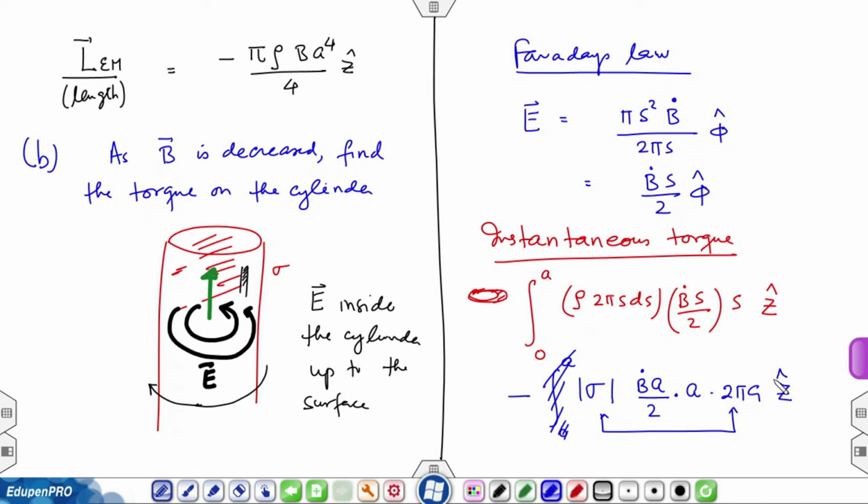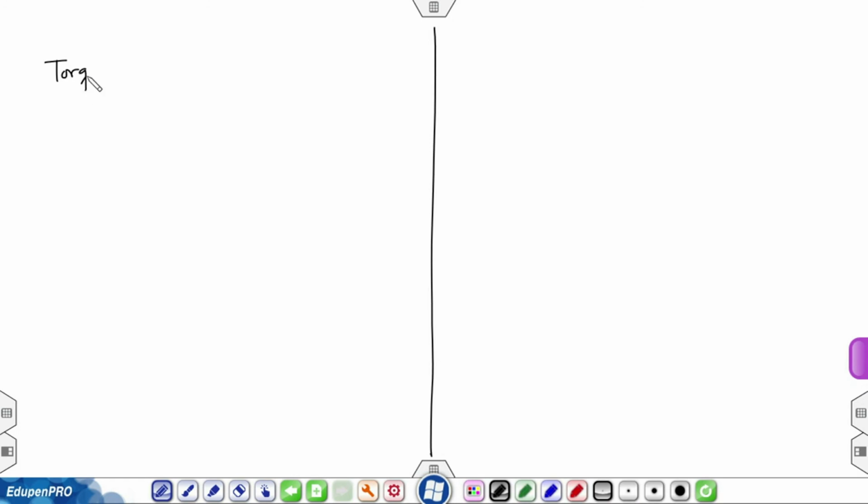And you work it out, substitute the values, and you get torque is equal to pi rho mod of B dot, because we have been taking care of the signs already, a raised to 4 divided by 4, minus pi a cubed B dot sigma. It's in the z direction.